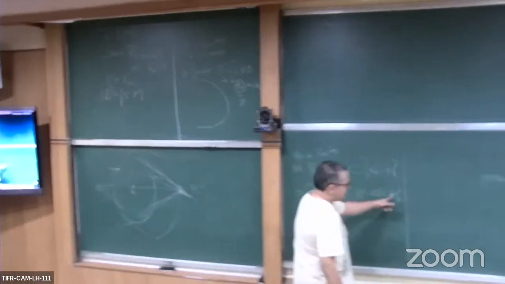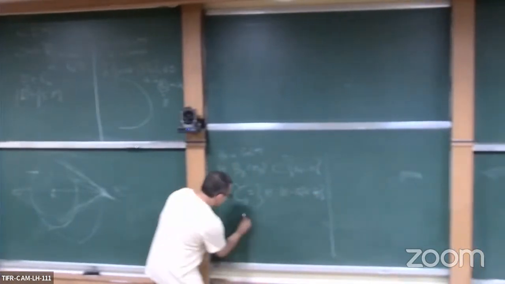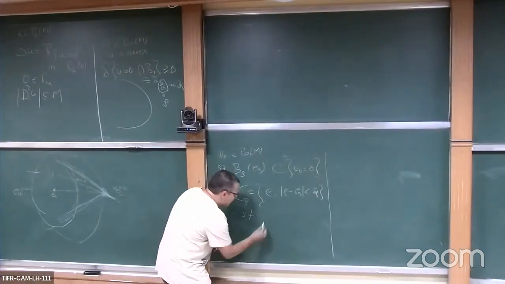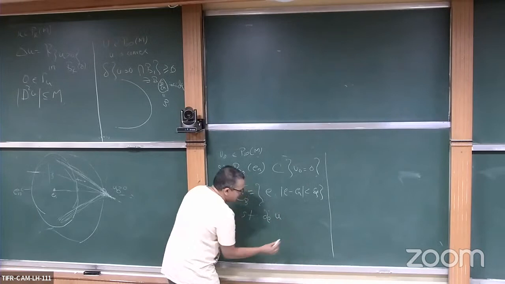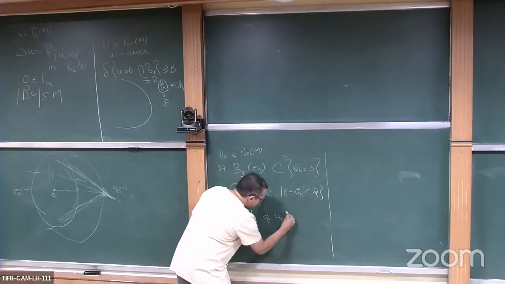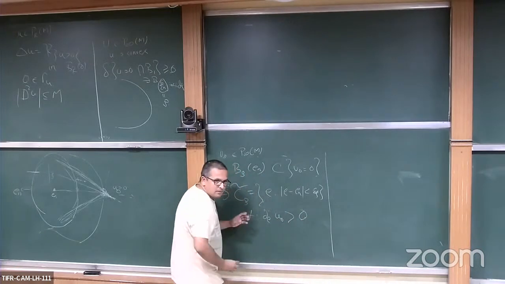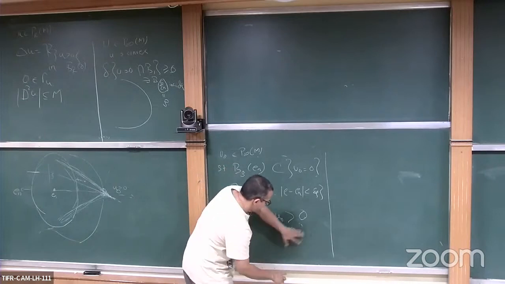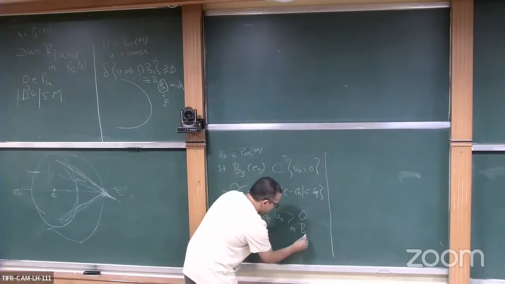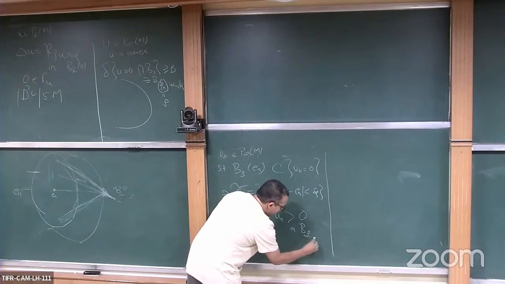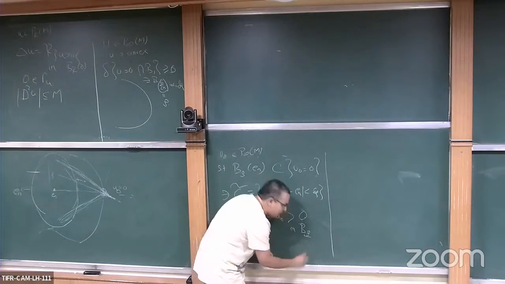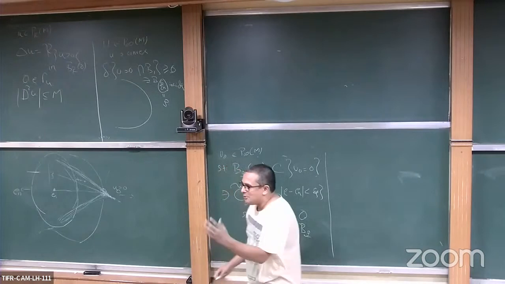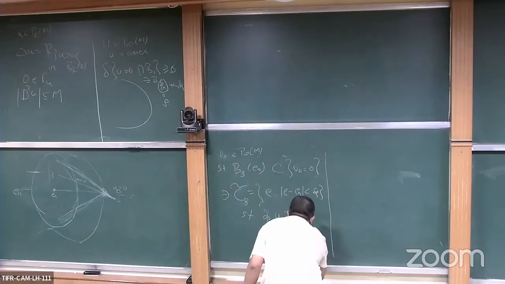So there is a delta rho such that the directional derivative of u naught is strictly bigger than 0 in the set B of rho by 10 million, I have to decide a constant, B rho by n of 0 intersect the positivity set.